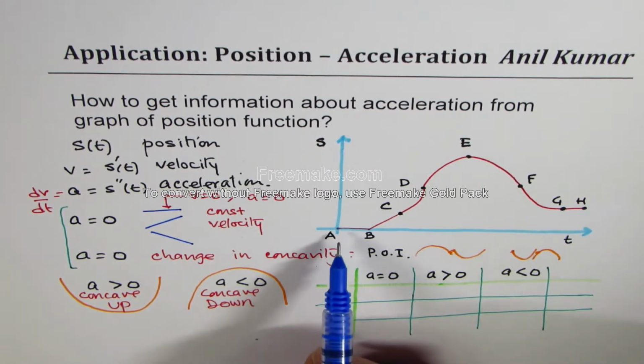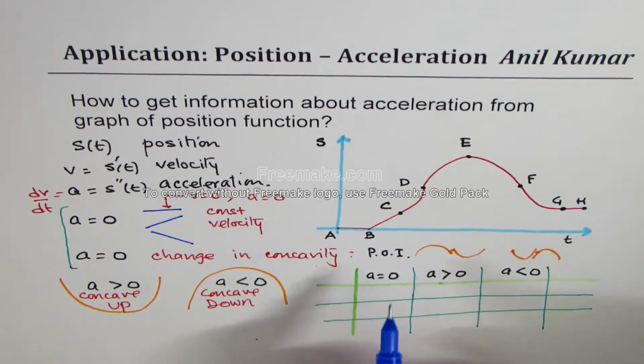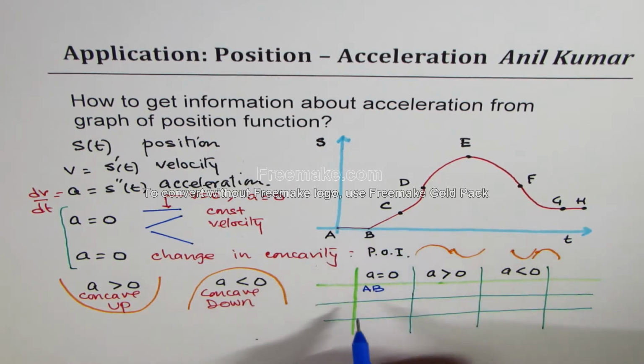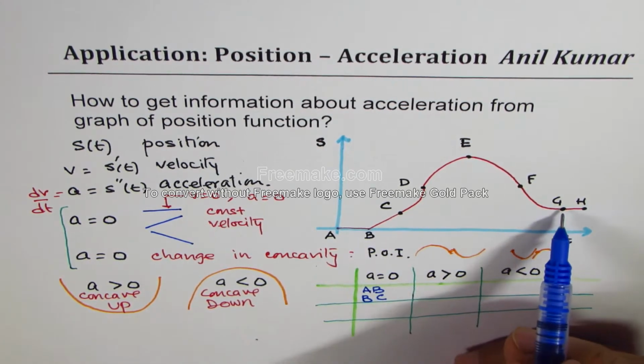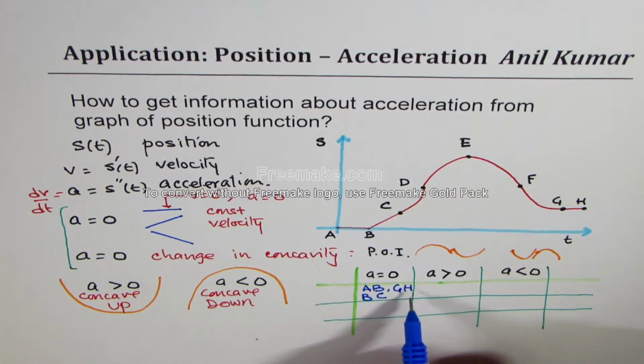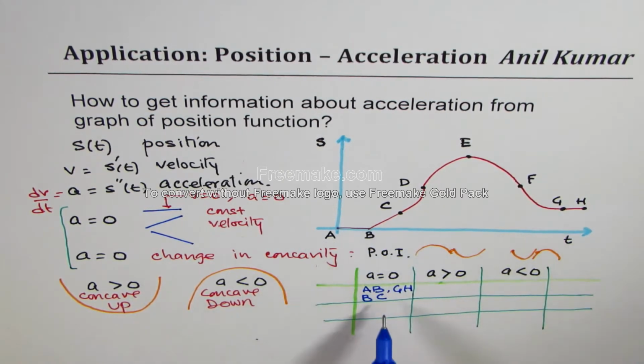So wherever you see straight lines, those are when acceleration is 0. So we can write AB. We can write BC. Okay, so we have BC. And we can also write GH. So I'm purposely writing GH in this particular block. The reason is these are straight lines where velocity is constant or 0.